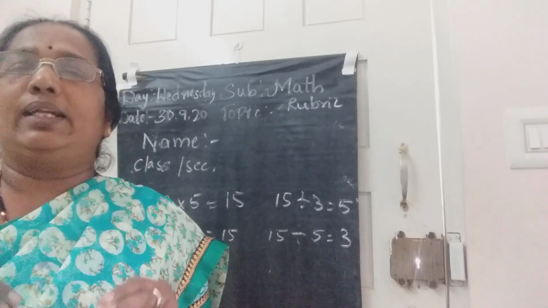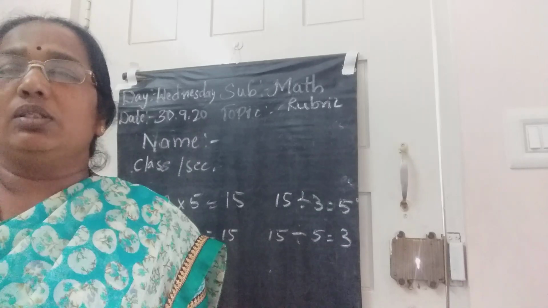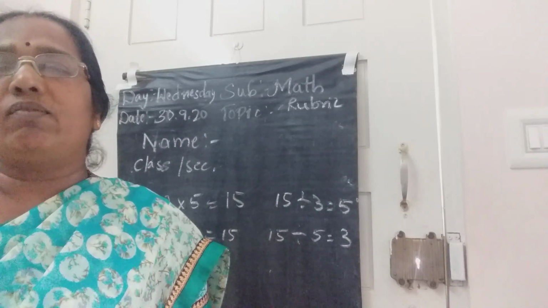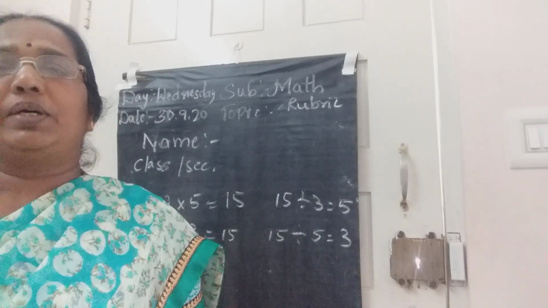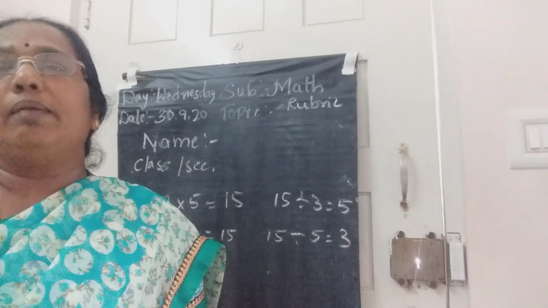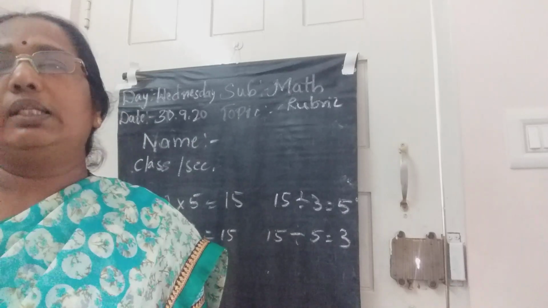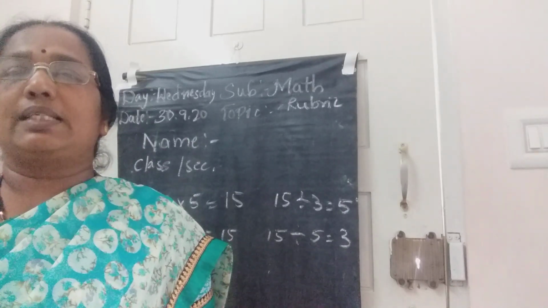Please don't forget to write your name, class and section, because we will not have all your numbers or any of your information. If you write your name, it will be easy for us to give you all the marks. I hope you all have understood this activity.